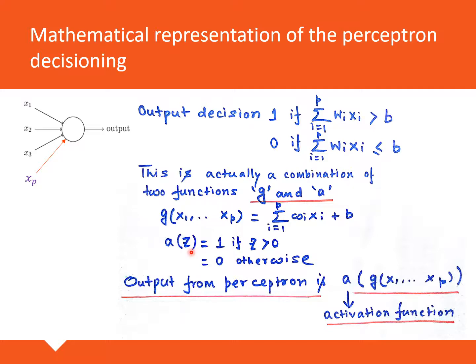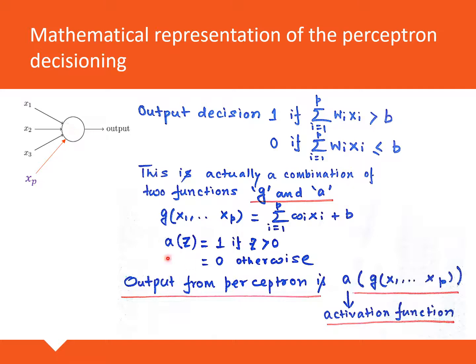So with that discussion done, now I'll come back to the question which I posed in this video, whether I should be calling this a perceptron or I should be calling this a neuron. Are they synonyms? So the answer to that is I should be calling these units neurons in a more generic sense.